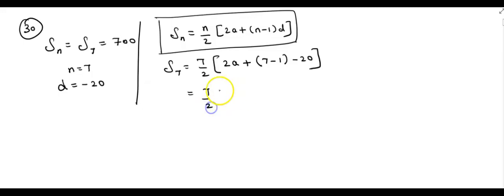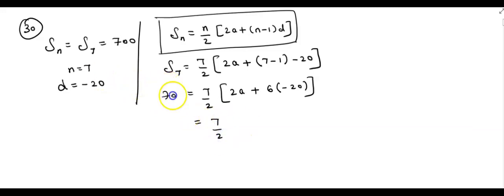Then 7 by 2 into 2a plus 7 minus 1 is 6 into minus 20. What is the S7 value? That is 700. Let me write 700, into 2a plus, minus 6 into 20 is 120.